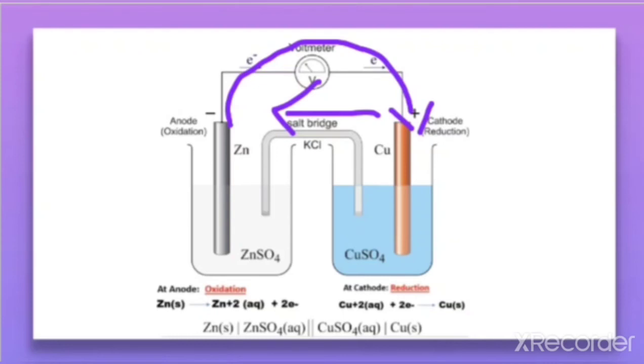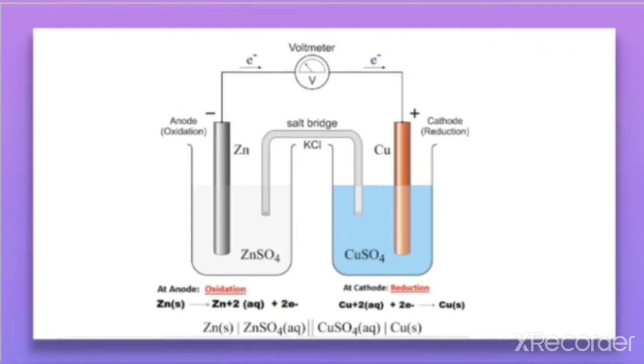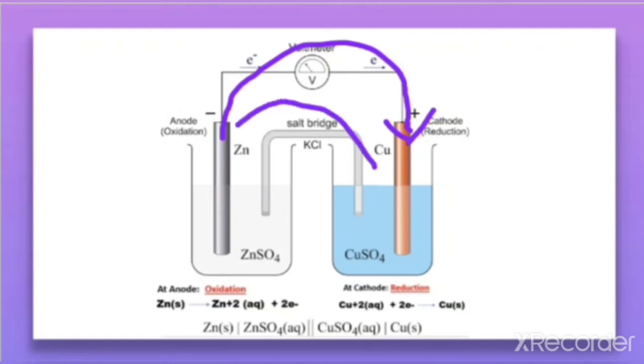In whichever direction the charges flow, the current flows in the opposite direction. So here the electron flows from zinc, that is from the anode, to the cathode. So the flow of current will be in the opposite direction in this way.